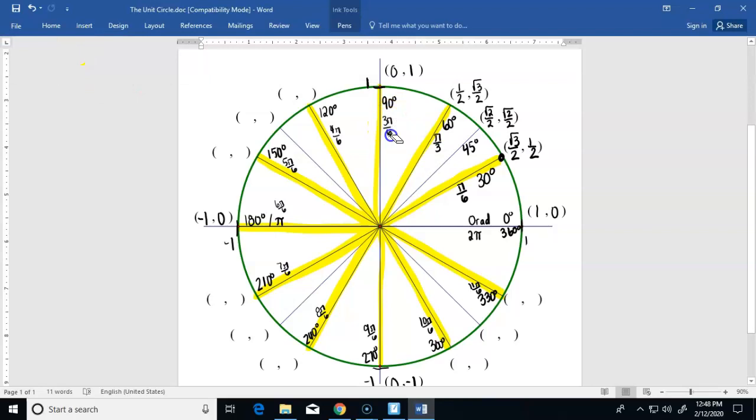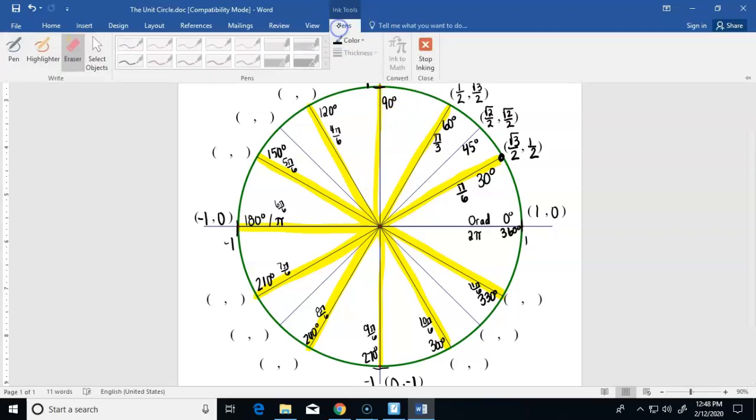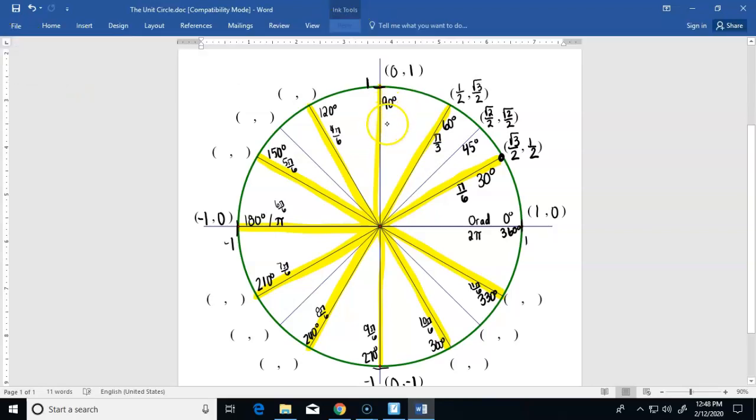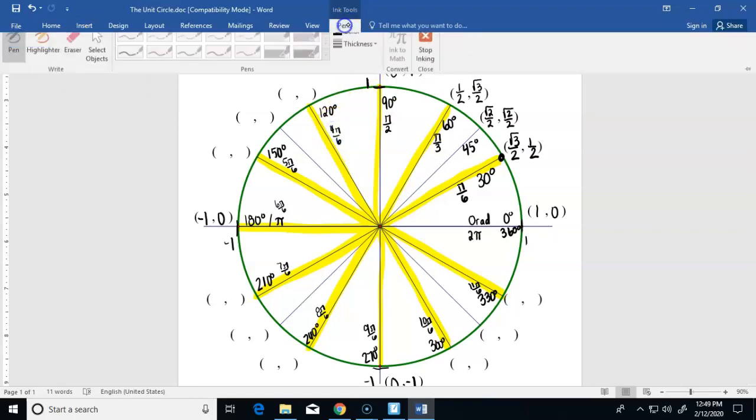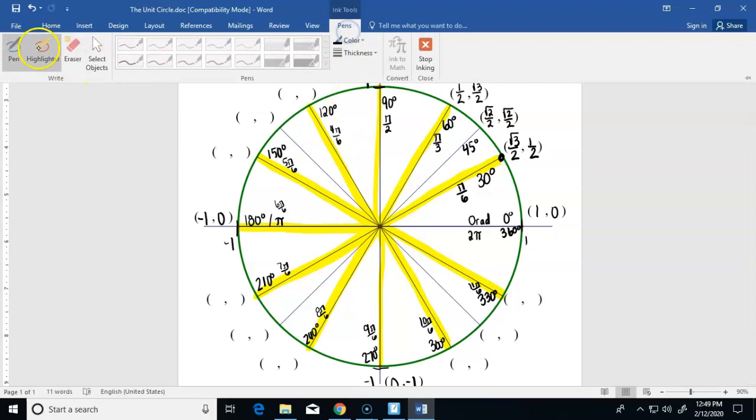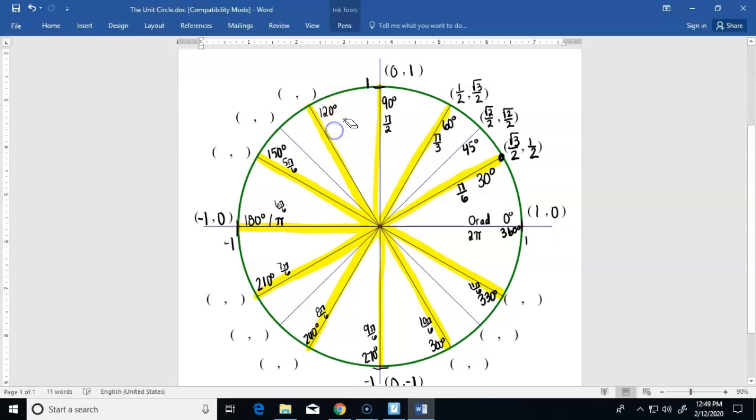So like right here for 3 pi over 6, 3 over 6 reduces to 1/2. So that would be 1 pi over 2. So pi over 2 for that one. And then 4 pi over 6 reduces to 2/3. So that would be 2 pi over 3. 5 pi over 6 will not reduce.